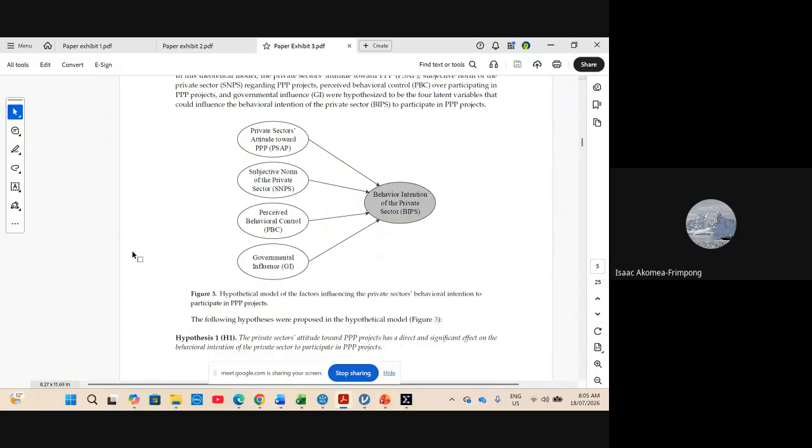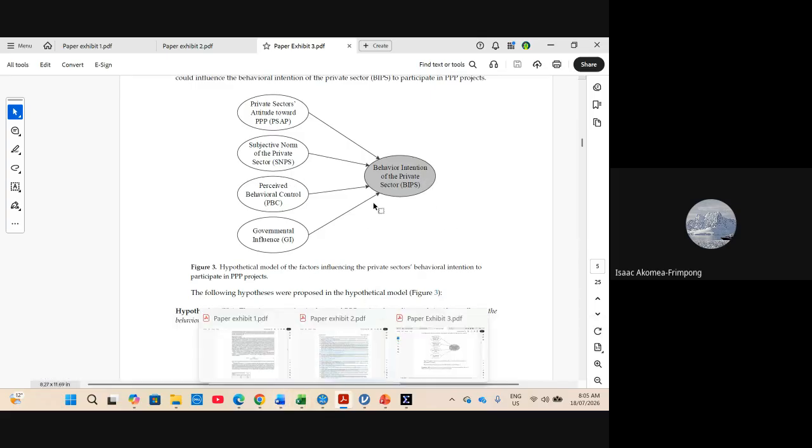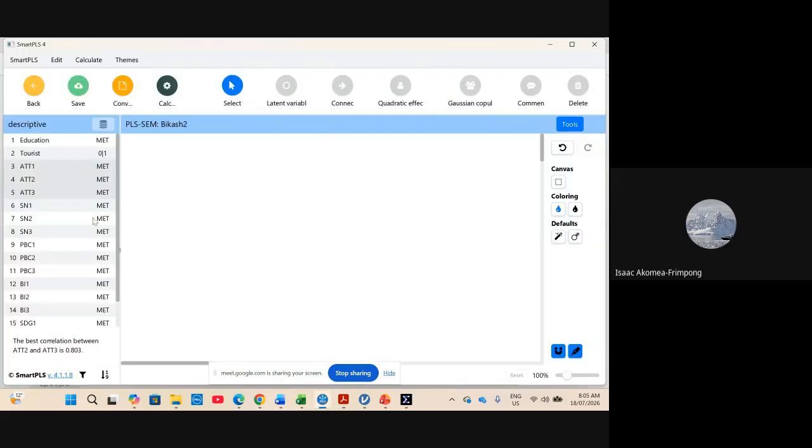Yeah, so this is the model that they specified. And then just based on this to design your work. So for example, if this is something like this that I want to do based on my hypothesis and conceptual framework, I have to design the same thing here.